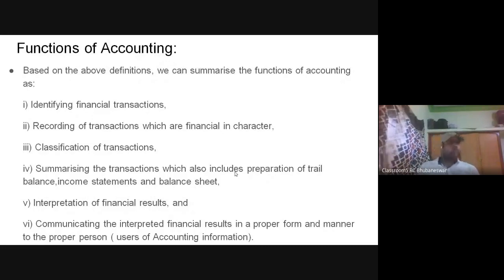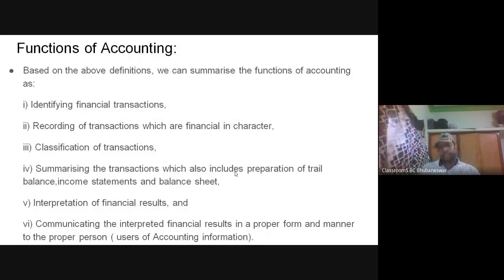Next, what are the various functions of this accounting? I have outlined all these functions out of the definition itself. So what are the basic functions of accounting?